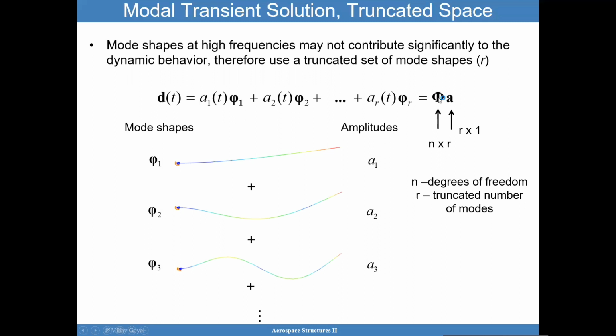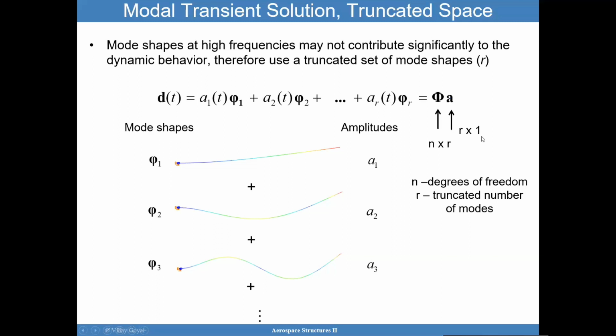So this mode shape here clearly still has 1,000,000 degrees of freedom or more, times the reduced set R, okay? And A is the number of amplitudes that I really have to consider. So if I had, say, 40 mode shapes, but I'm only going to consider 4 or 5, then this vector of amplitudes is only 5 in size.